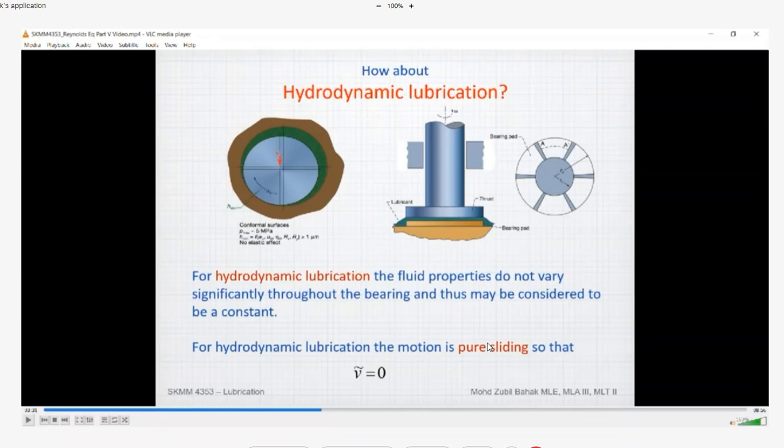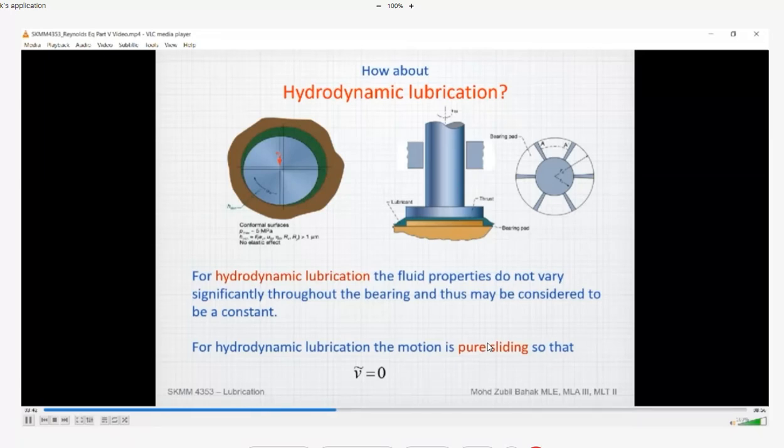So when it is sliding, the whole side of the fluid will move in one direction. All right, and that direction is in the x direction. So in that case, there is no velocity in y direction, where in this case we can make the assumption that the velocity in the y direction is equal to zero.